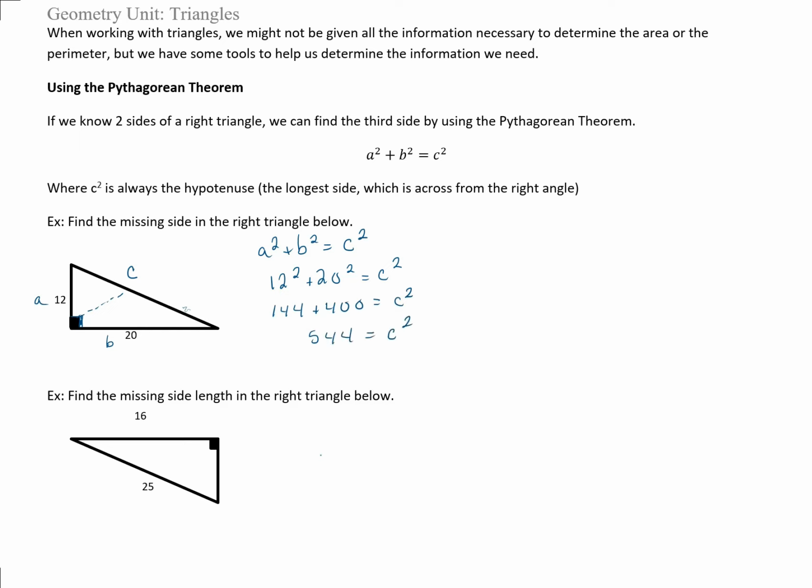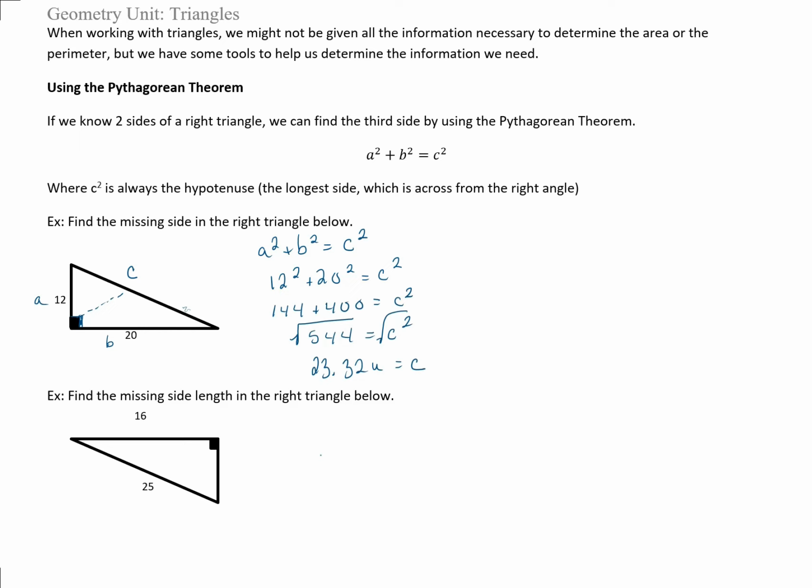And now to get C instead of C squared, we'll take the square root of both sides. So the square root of 544 is 23.32. And we don't have any units written here, so I'm just going to write U for units. So we found C, we found that missing side.